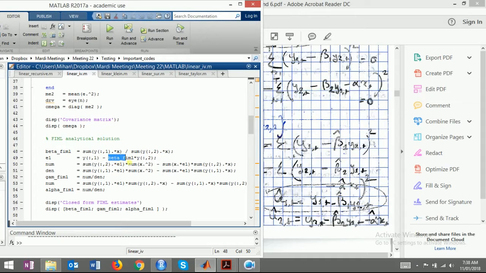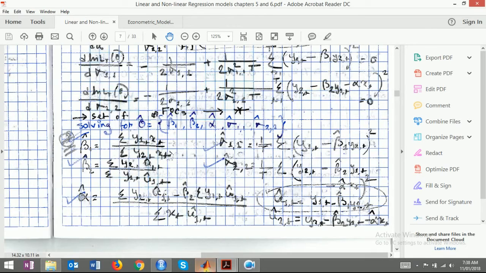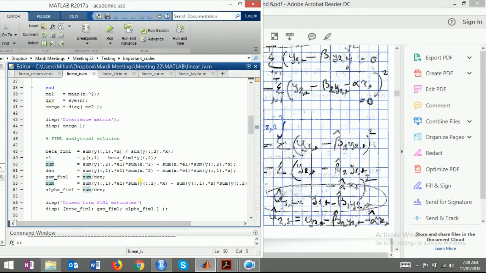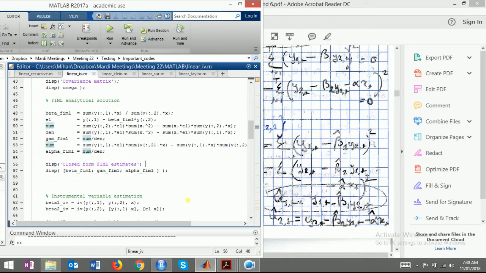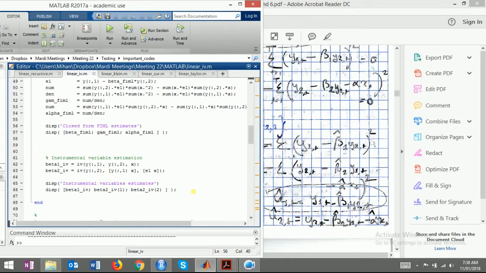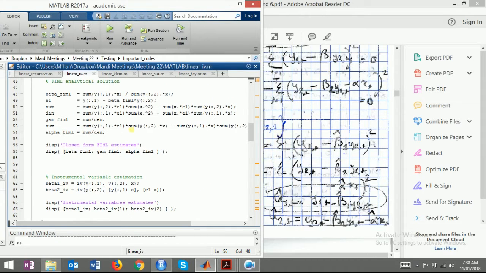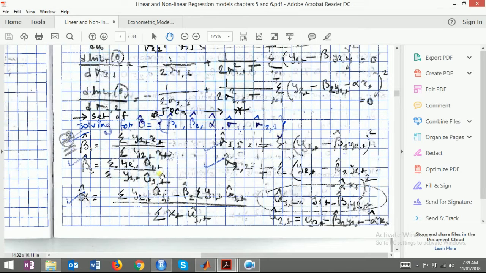I'm not sure what num is. Sum y2, sum x2 minus sum x1 y2x. Let me see what num is. I'm not sure. This is the density of y2. Okay, num is sum y square e1.